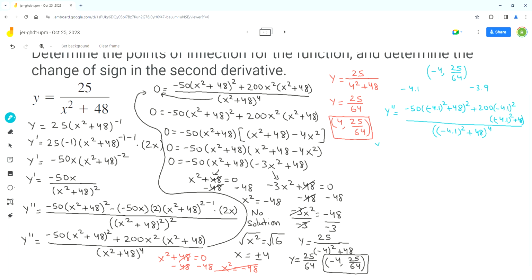Now we can evaluate this expression. So we just have to see if the y double prime is a positive or a negative number, because if the y double prime is negative, that means the curve is concave down, and if the y double prime is greater than 0, that means the curve is concave up.